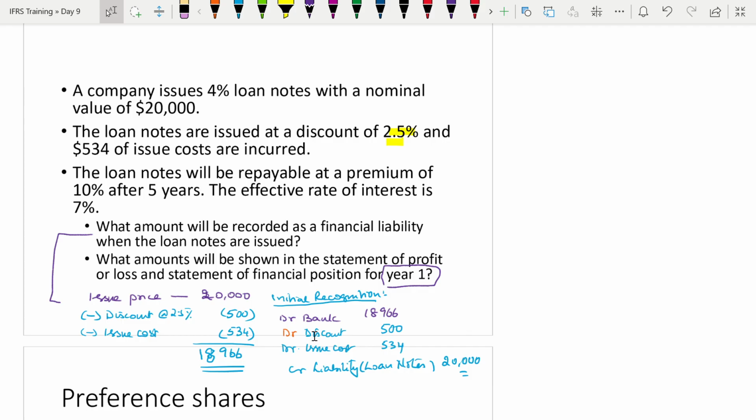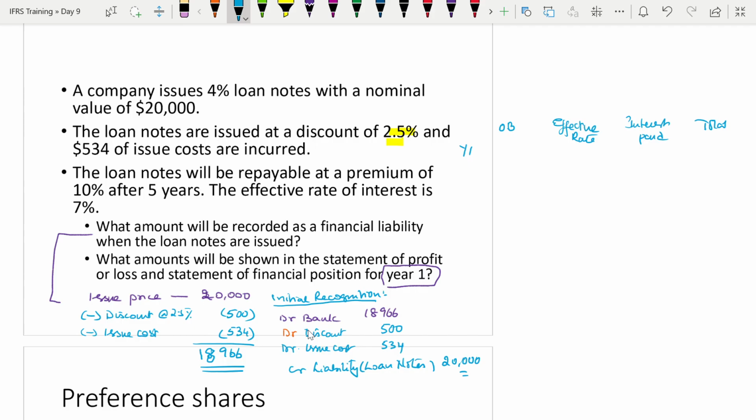They are asking only for 1 year. What will be the finance cost? Only for year 1. Opening balance, effective rate, interest paid, and the total.